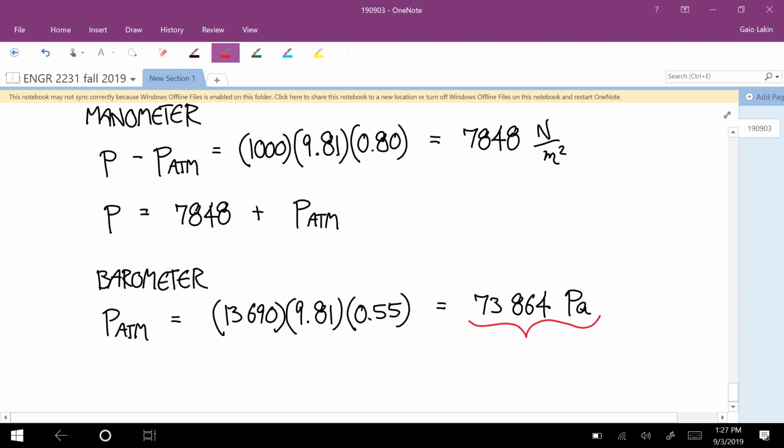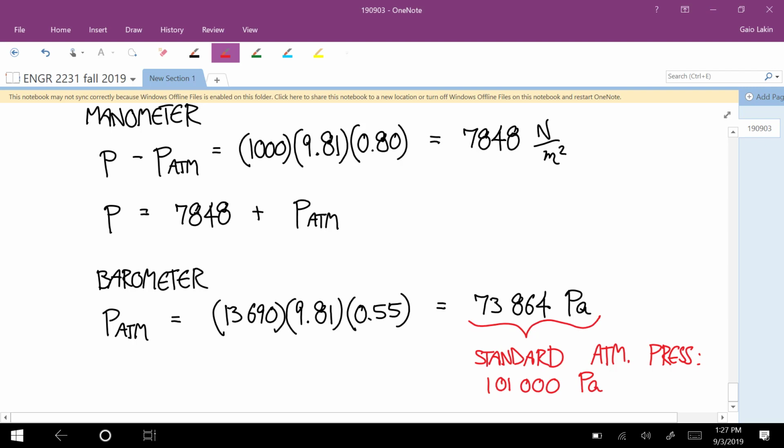How high is that compared to normal everyday pressure? So standard atmospheric pressure is about 101,000 pascals.